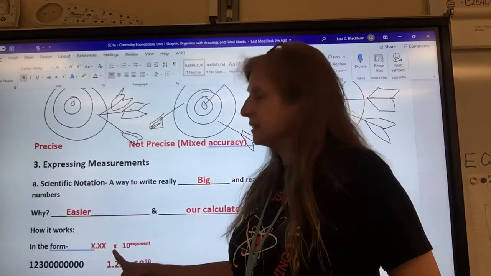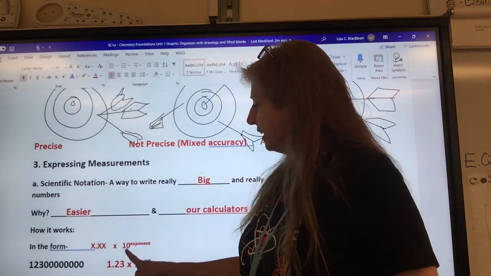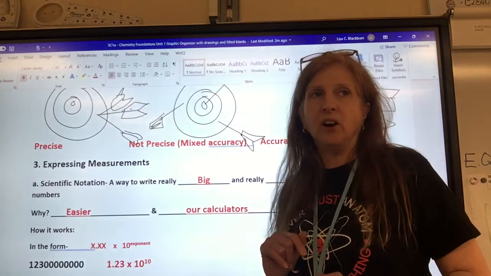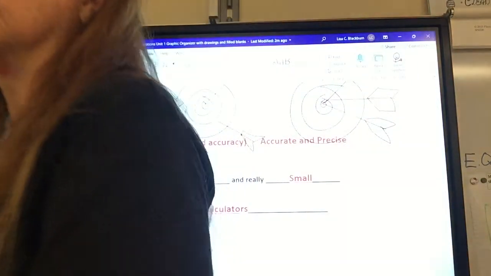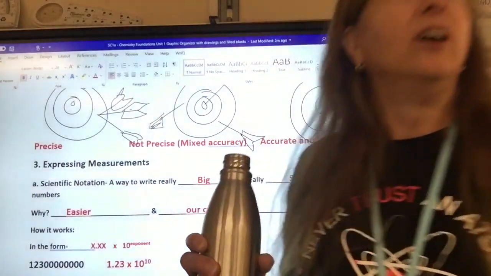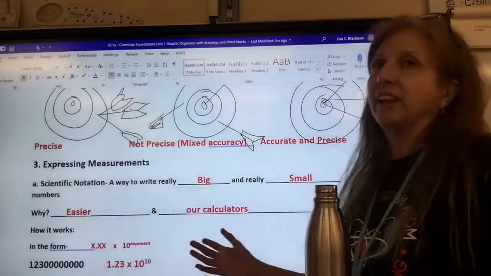But this is one instance where we do use a small x for times, and then 10 to an exponent. Okay, good so far? Nobody's crying. This is looking pretty good. Nobody's got a rash. We started talking about numbers. You're handling it very maturely. Very good.